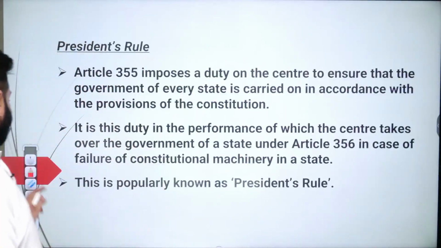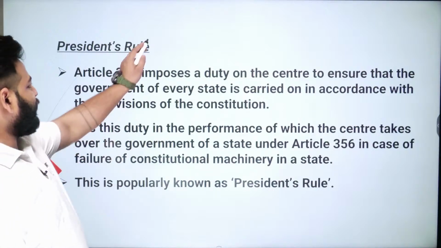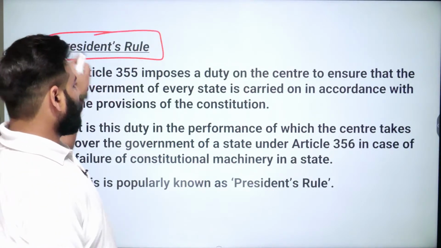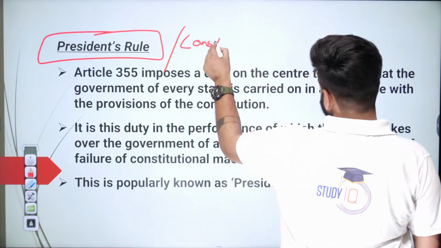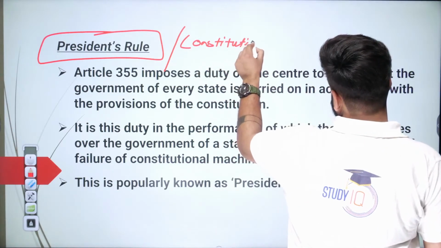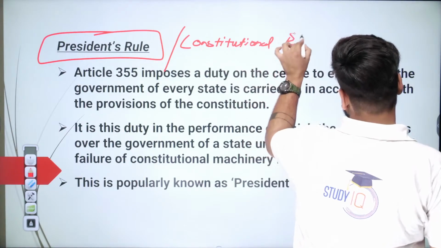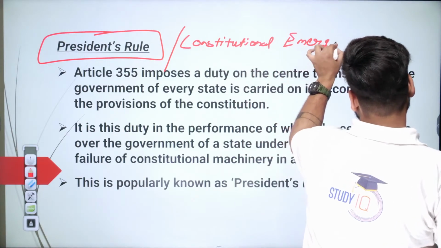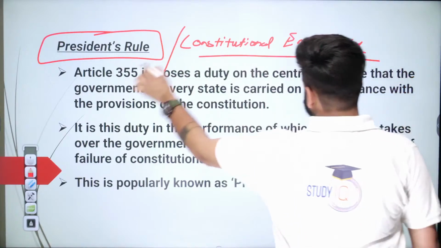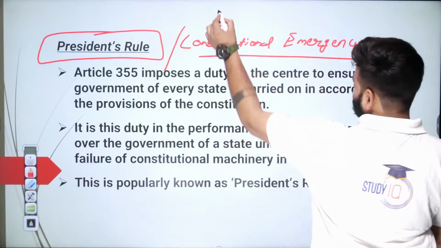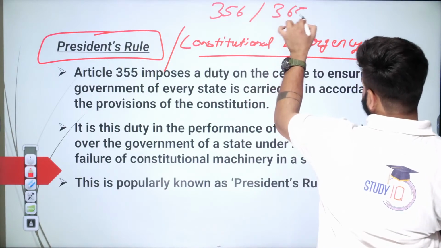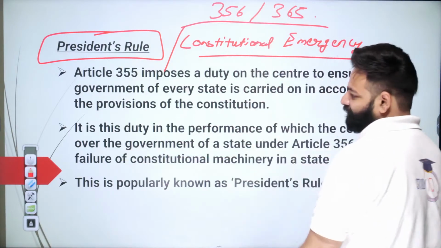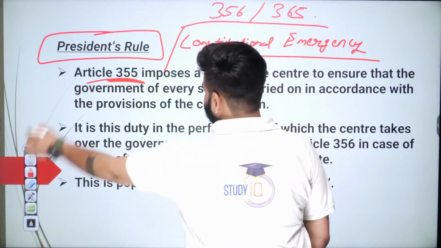Next one comes into the picture, the President's rule, or we have also mentioned it as the constitutional emergency. President's rule is mentioned under 2 different articles, Article 356 and Article 365. But before that, we need to discuss Article 355.